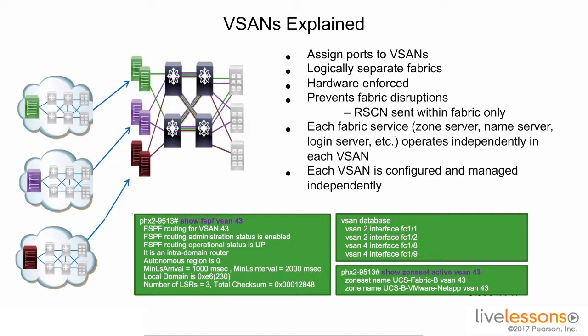So as you can see in the lower right corner, we go to our vSAN database, which is similar to our VLAN database, and we create the different vSANs, for instance vSAN 2 and vSAN 4, and then we go ahead and assign ports to those vSANs. So each vSAN is configured and managed independently.